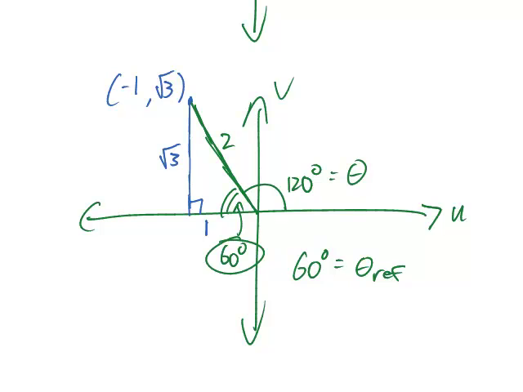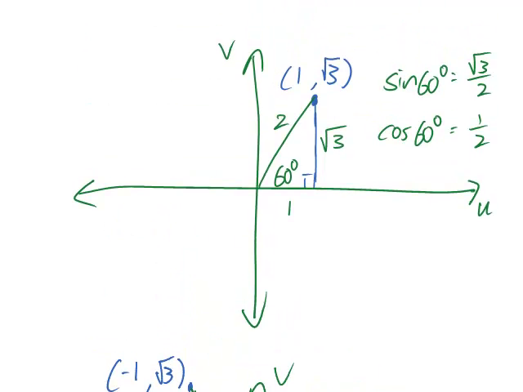Now, if we go back up here, we say, oh, 60 degrees. Sine of 60 is root 3 over 2. That's sort of like the second coordinate, the height over hypotenuse, which is 2. And the cosine is the width, which is 1 over 2, because our angle is based on the horizontal. So width means adjacent and height means opposite.